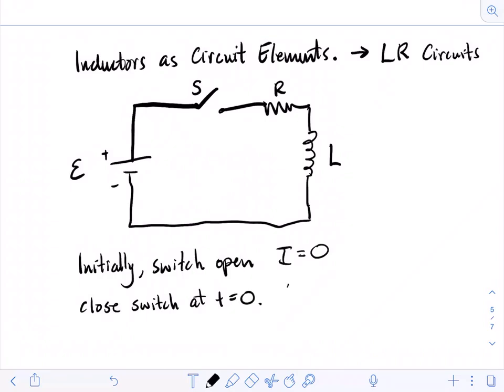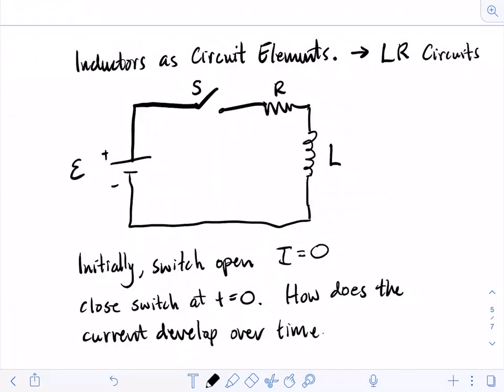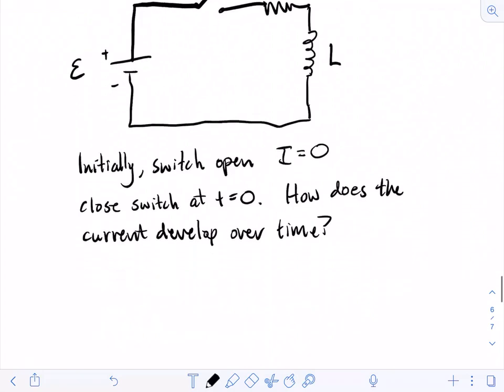So the question is, how does the current develop over time? We can't have a situation where the current instantaneously changes from 0 to some non-zero value.